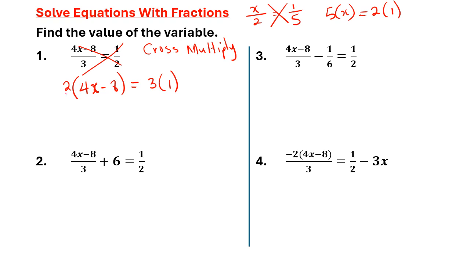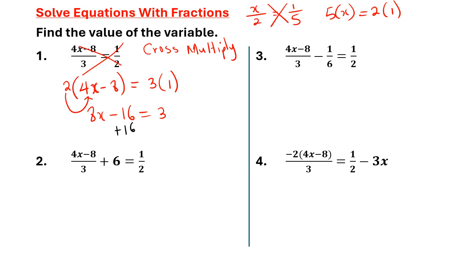All right, 2 times 4x will be 8x, and 2 times negative 8 will be negative 16. That'll be equal to 3 times 1. 3 times 1 will be 3. So here I am going to add 16 on both sides, like we've learned in the previous video.